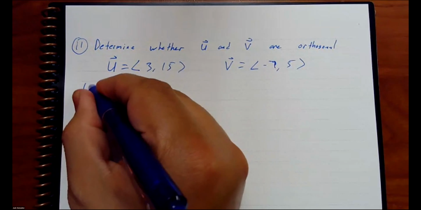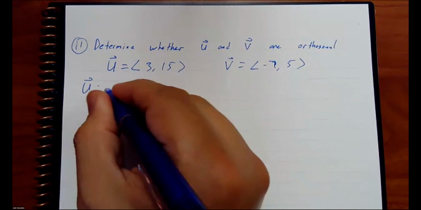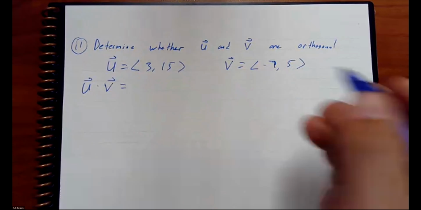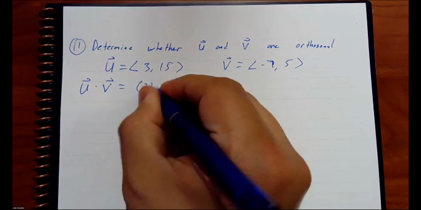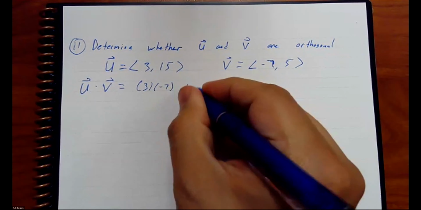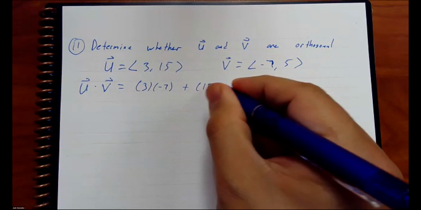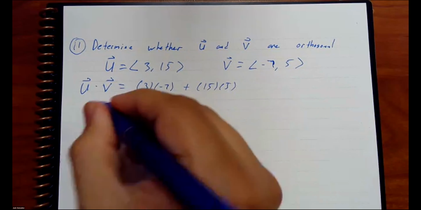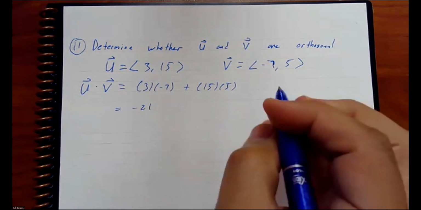So is u dot v equal to 0? So 3 times -7 plus 15 times 5.